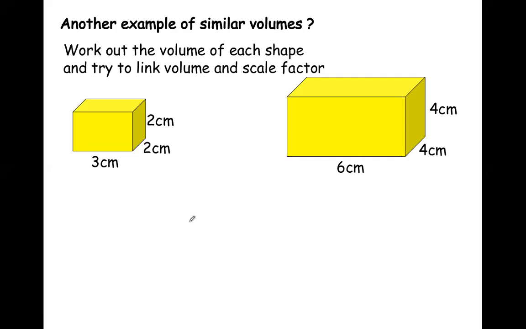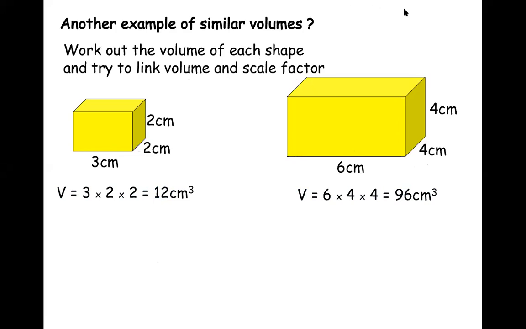So another example. We've been asked to work out the volume of each shape and try to link volume and scale factor. So I've got 3 here, 6. So I've got a scaling factor of 6 divided by 3, 2. So it's been doubled. So the first volume is 3 times 2 times 2, which is 12 centimeters cubed. Second volume is 6 times 4 times 4. So you do length times breadth times height.